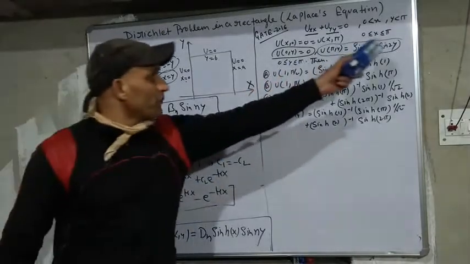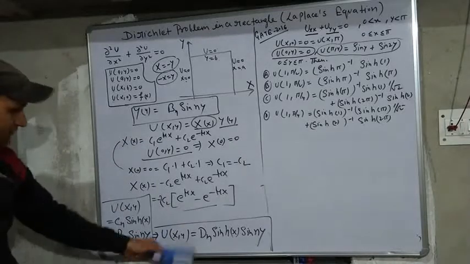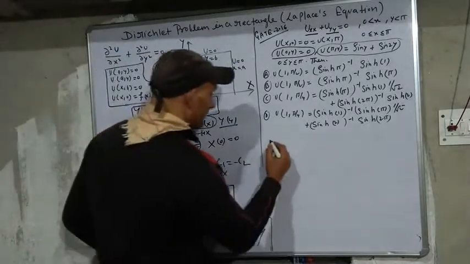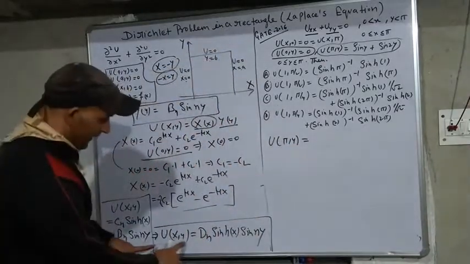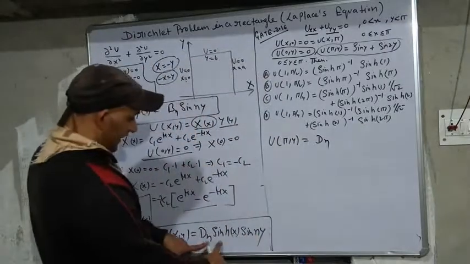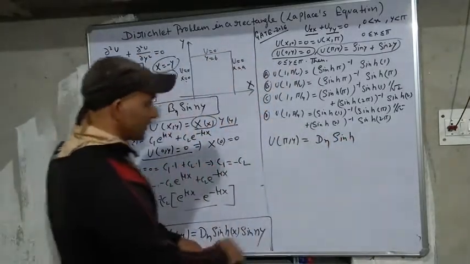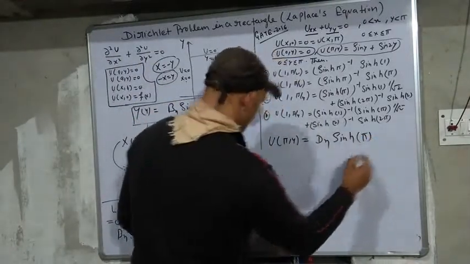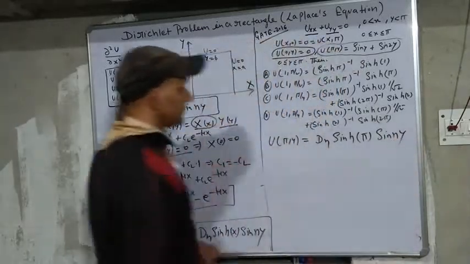They have given us u(pi,y) is equal to something. So now you have to put pi in place of x. u(pi,y) is equal to dn sinh(pi) sin(ny). This is your solution.